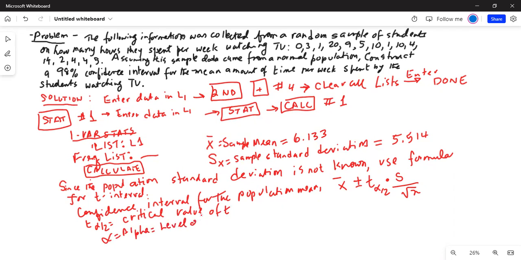It's the complement or opposite of level of confidence, which is 1 minus C. So in this case, 1 minus 0.98. So alpha is equal to 0.02.